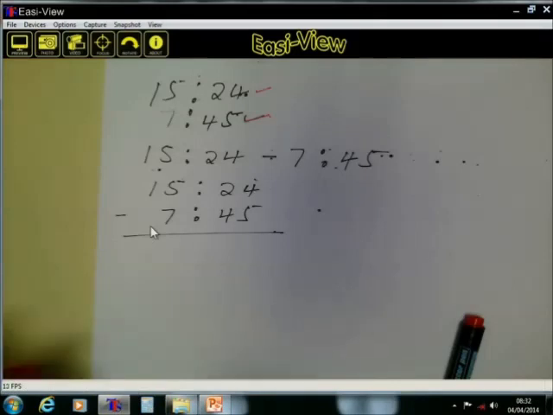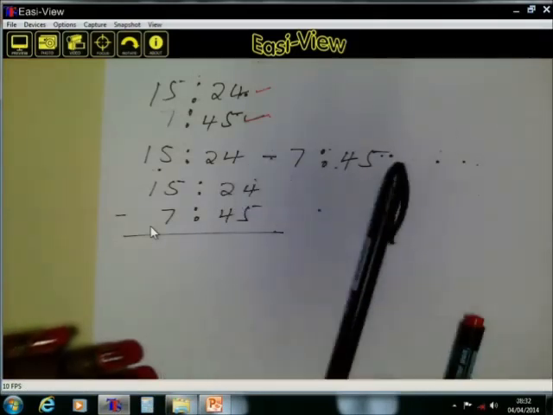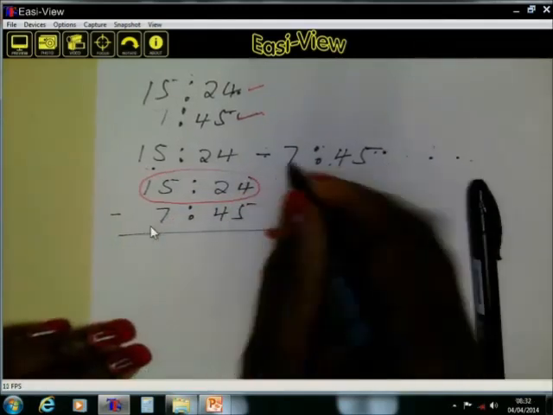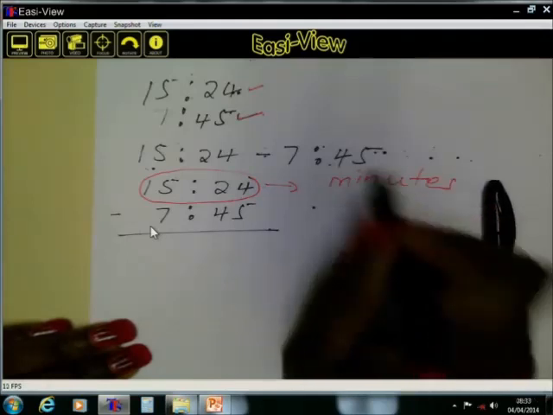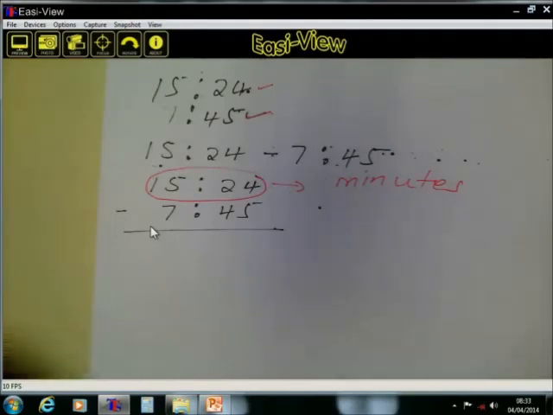Sorry about that, I'm a bit slow on the changes here. We need to do the conversions on this one and convert them to what? To minutes, in order for our subtraction to be in the correct form.